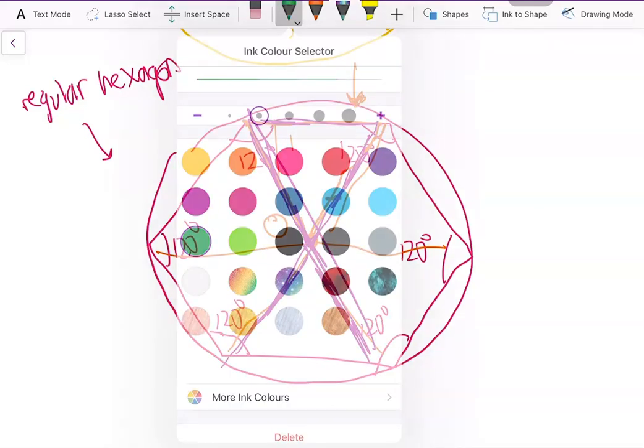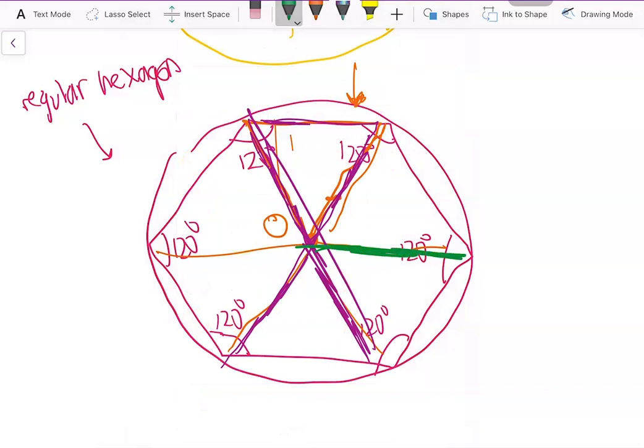Again you can construct one more 60-degree angle like this and extend the lines, and now you've got the 6 vertices to make your hexagon. So there are quite a few ways to construct a regular hexagon using a compass and straightedge.